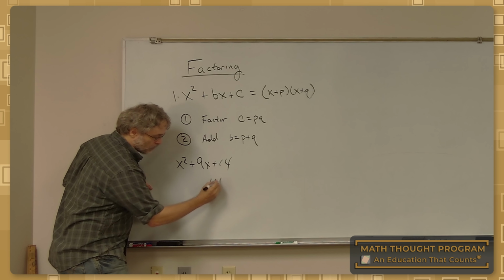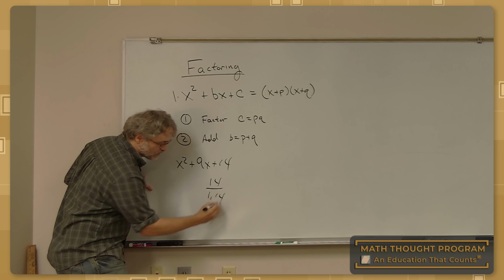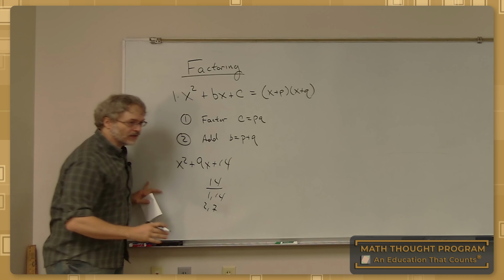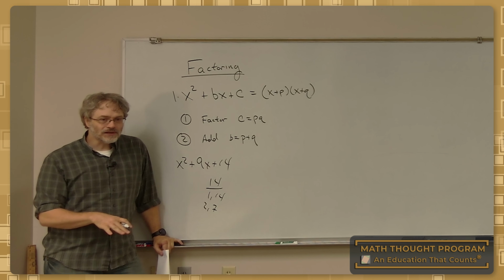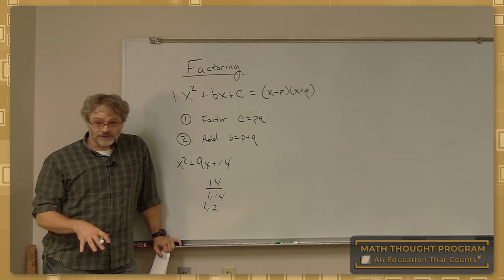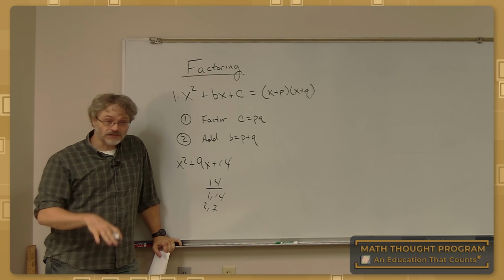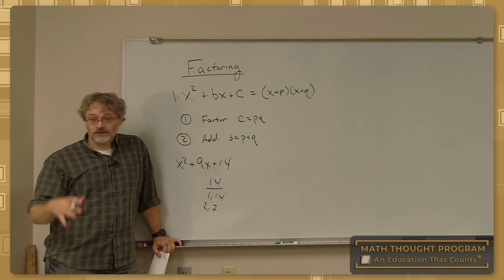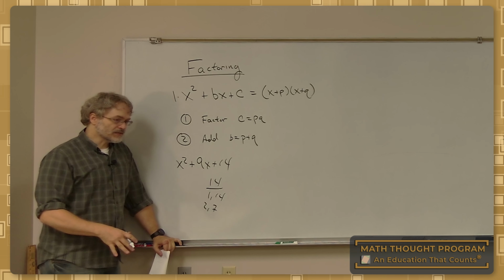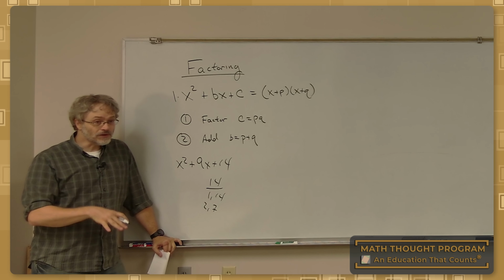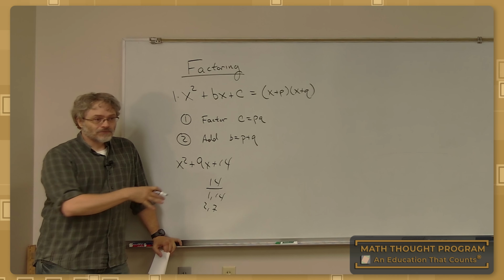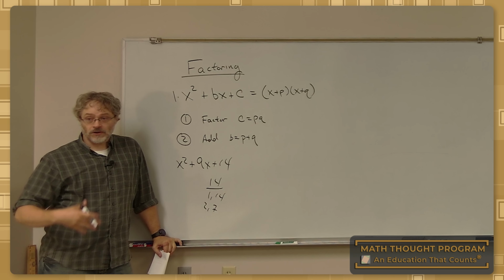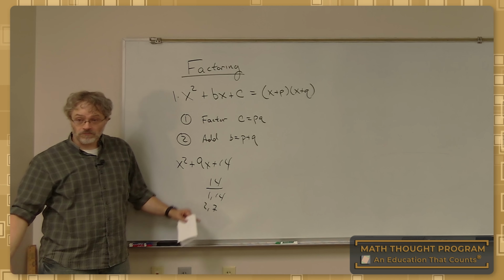14, I'll break it apart. I'll have 1, 14, and 2 and 7. And I also do want to consider from time to time the negatives: -1, -14, -2, -7. But in this case, when I'm factoring, I do want to use strategy. I don't want to just put it all out there. I'm going to use some strategy to reduce my workload.